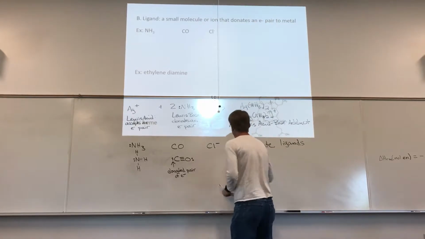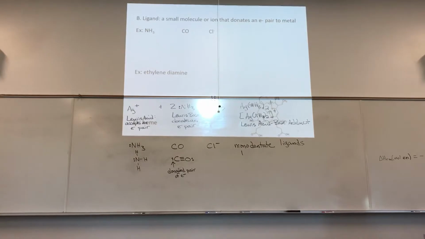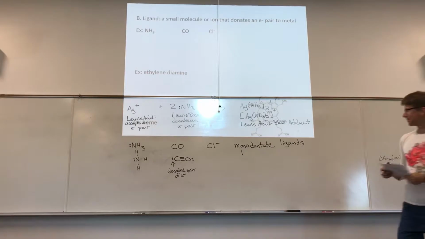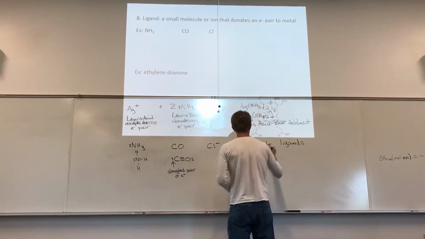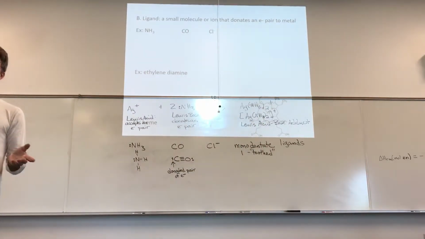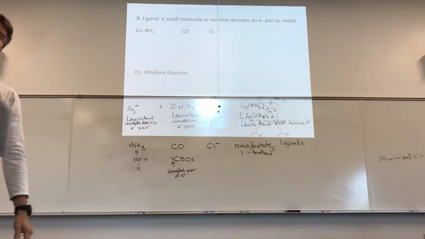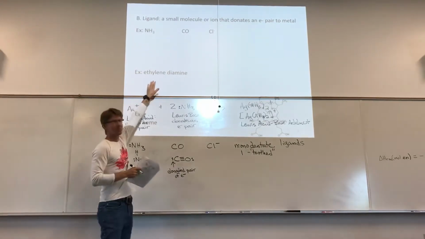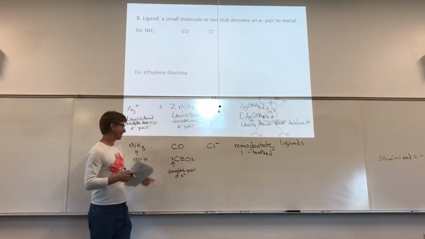And whether you know what dentate means or not, it sounds like dentist, which makes you think of teeth, and it turns out that dentate means tooth in this example. Or that's how we're going to interpret it anyway. And so it's a one-tooth ligand. That means that when there's one pair of electrons, it takes its one tooth and forms one bond with the central metal cation. Ethylene diamine, the ligand that you use in lab this week, is a bidentate ligand.